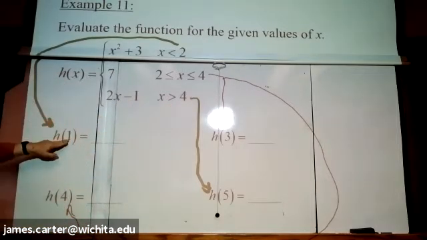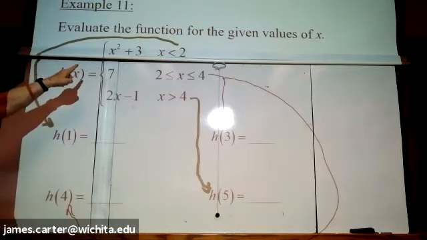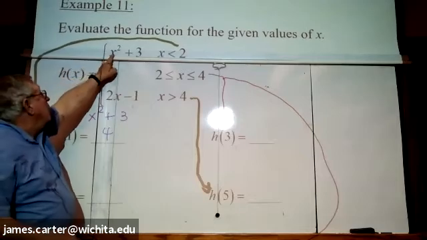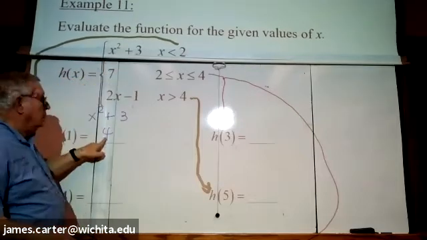Well, 1 is not bigger than 4. So for this problem, we only have to consider that first equation. Okay? And you get an answer of 4. How do we get that answer? 1 squared plus 3 is 4.